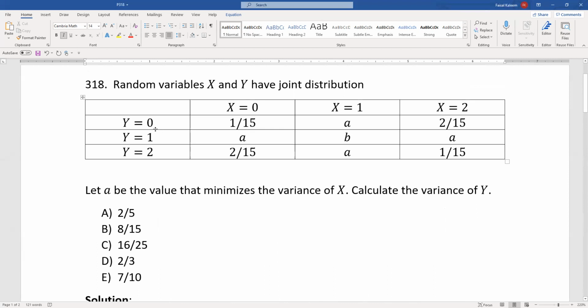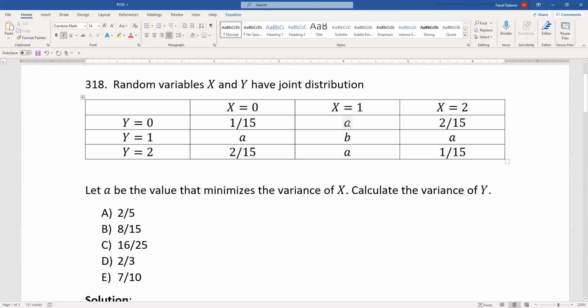So for example, when x is 0 and y is 1, the probability is a, and at x equals 1, y equals 0 it is also a.